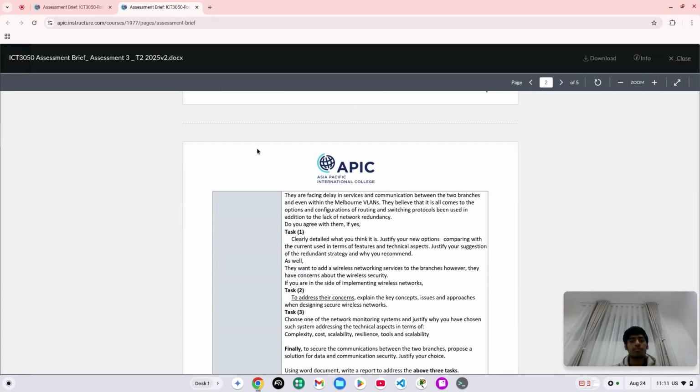And we clearly agree on that one, because they are using the RIP routing protocol. It has a limited hop count of only 15, and it is not scalable, and it doesn't converge easily.